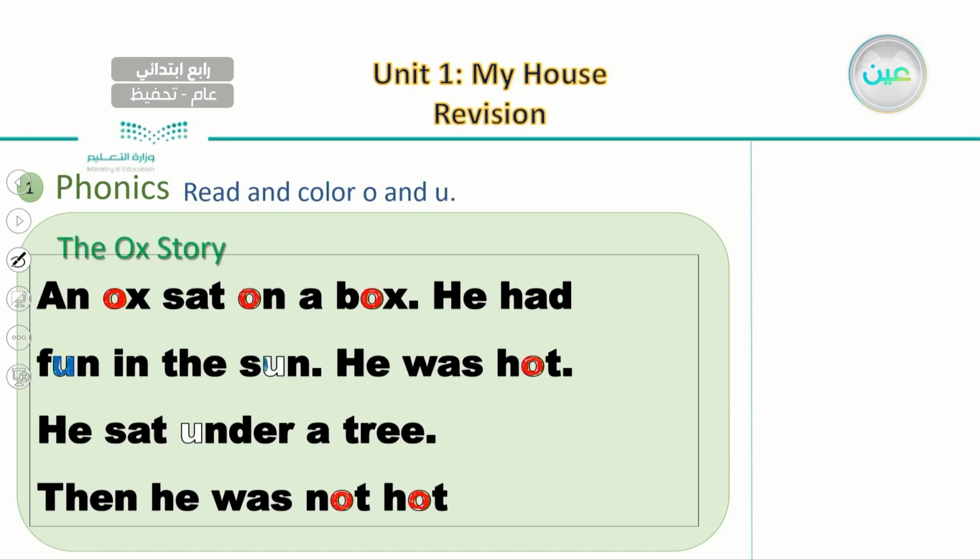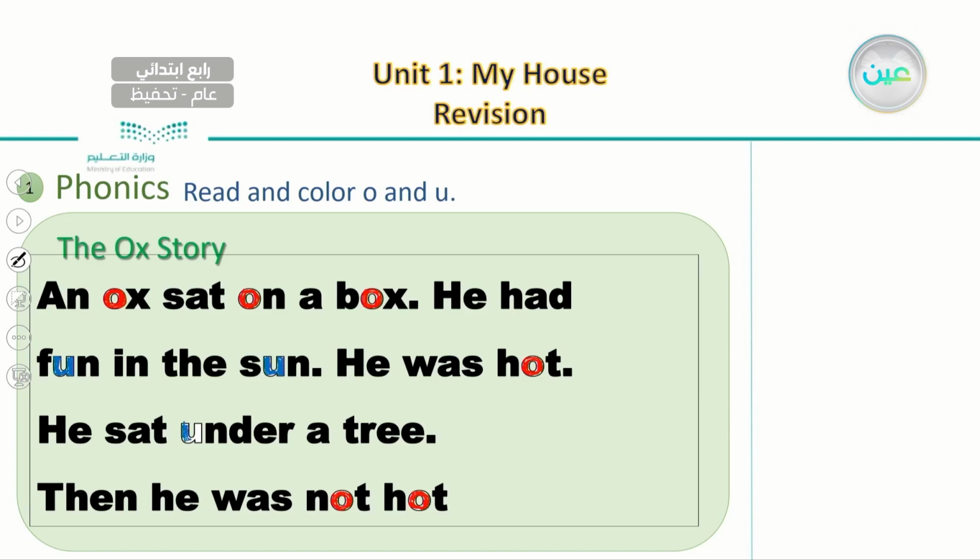Now the words that we color letter U with are the word fun and also sun. So this is how we color the word fun. And here we color the word sun. And finally, we color letter U in the word under.